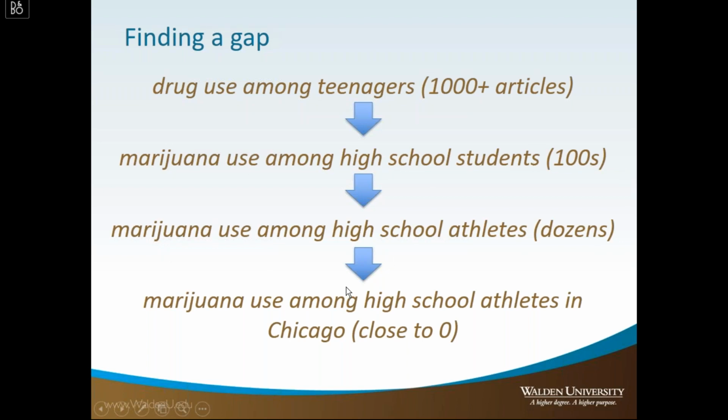We want to get as close to our topic as we can to provide relevant current research on that topic. So once we have this pool of literature that we can pull from for our literature review, we're going to start looking really critically at the literature that we want to include, and we're going to examine it to make sure that it fits the purpose of the literature review.